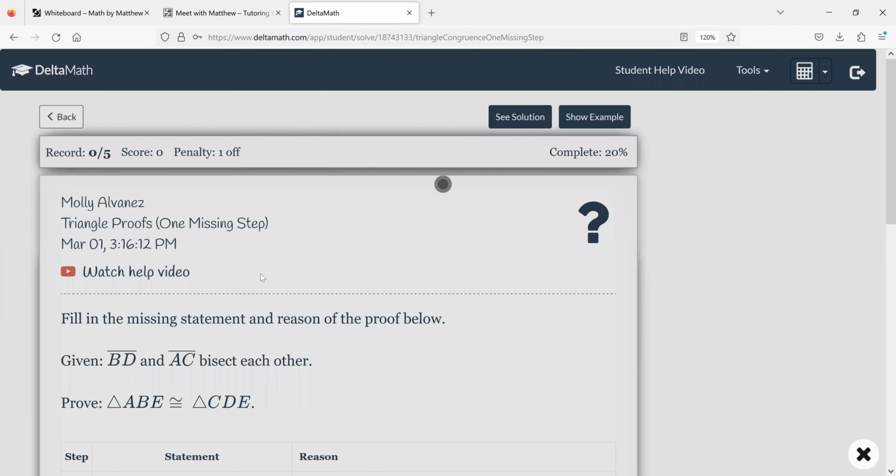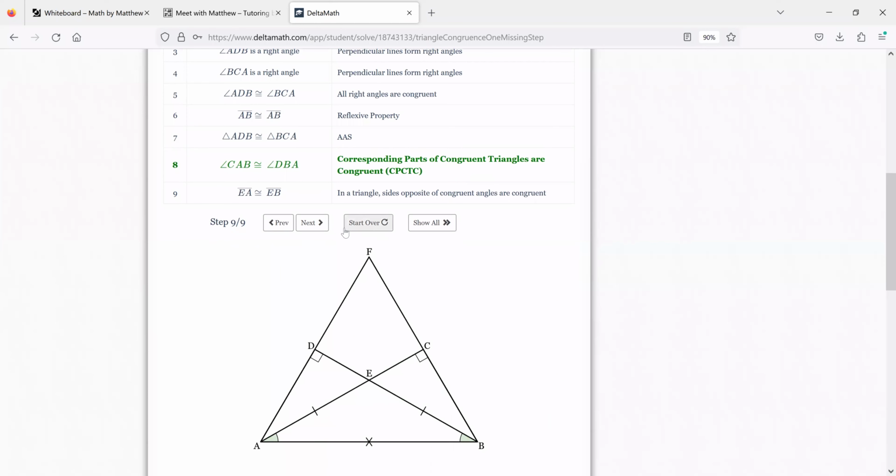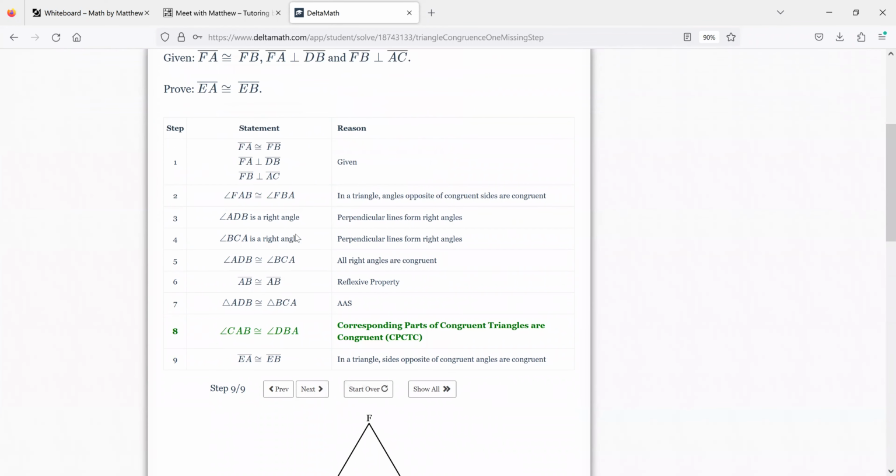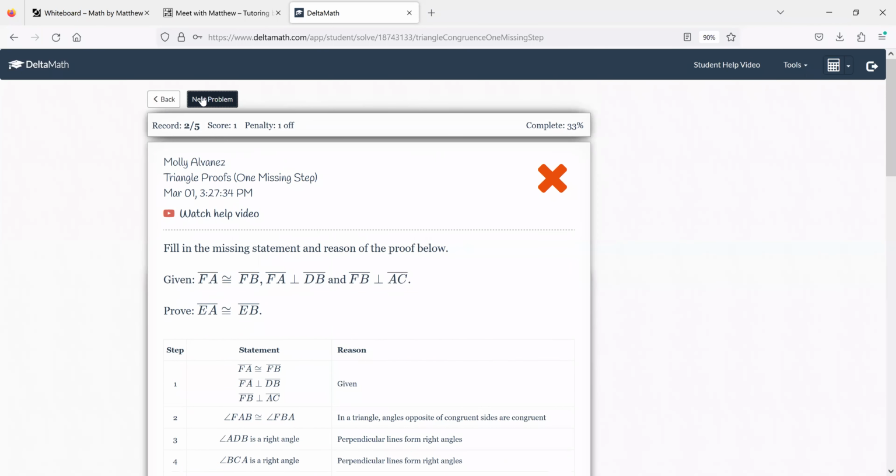So what it wanted you to do was the angle CAB. Oh, okay. Then you can say that those are congruent. I see. All right, well, so we'll do another problem here. Of course, it's not like it.